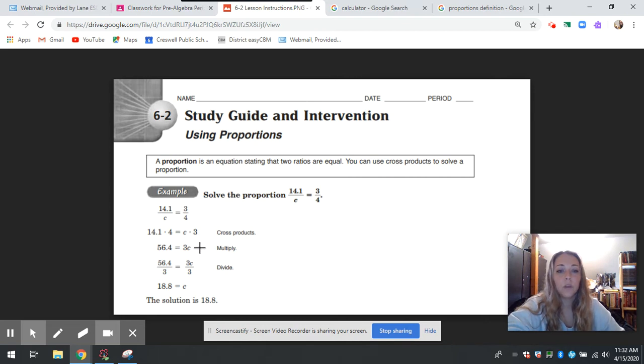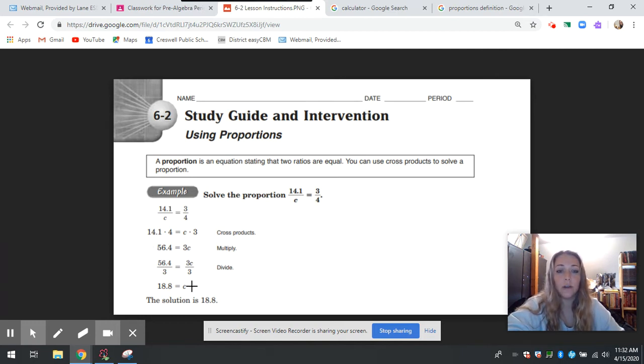Okay, so now in order to get the variable by itself, we're going to divide. We divide by what is attached to the variable. We are dividing because that is the opposite of multiplication, and the c is attached to the 3 via multiplication. So we would divide both sides by 3 because what we do to one side, we do to the other.